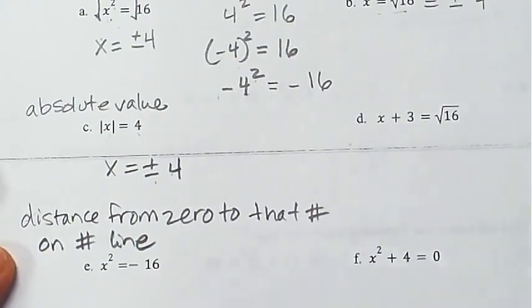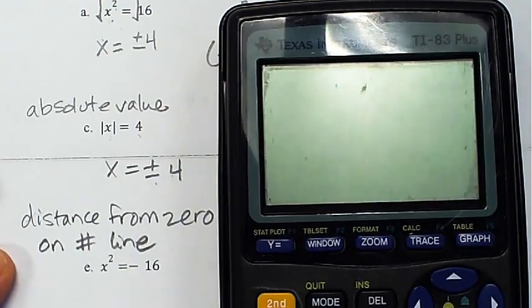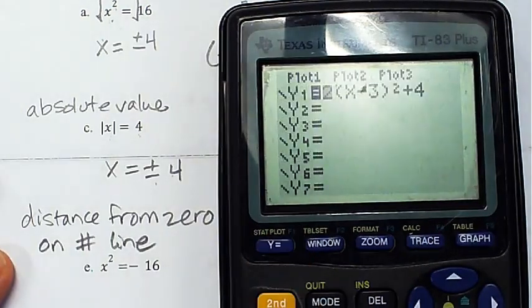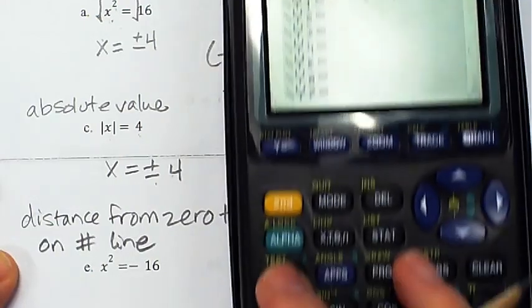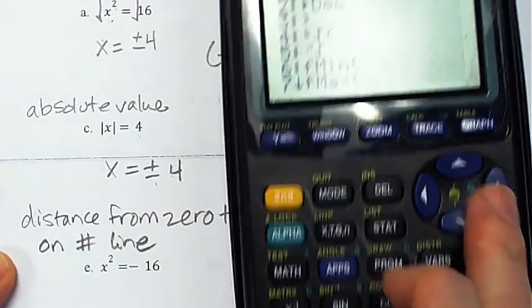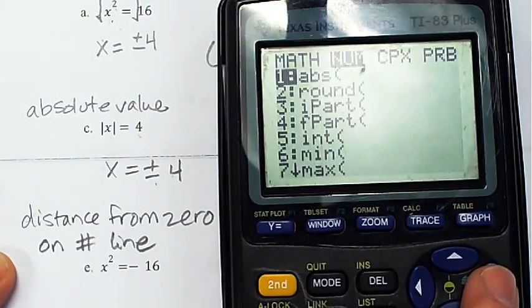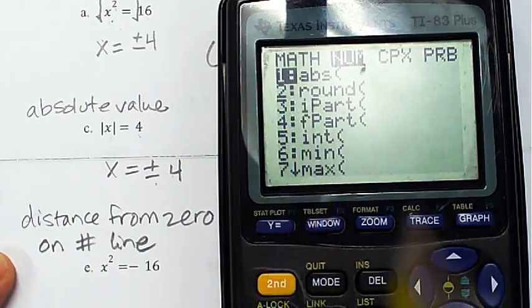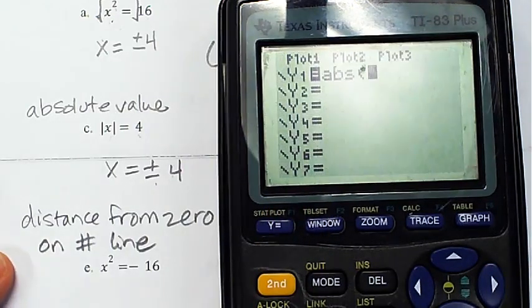You can also see that on a graph. If you were to type in absolute value, you would press math and then you would press the right button, and that first choice, ABS, stands for absolute value.